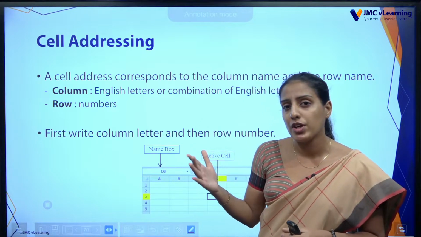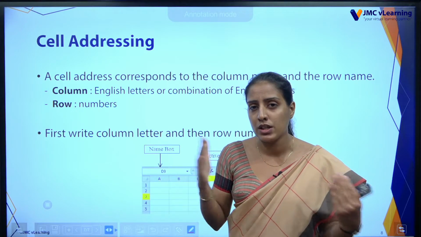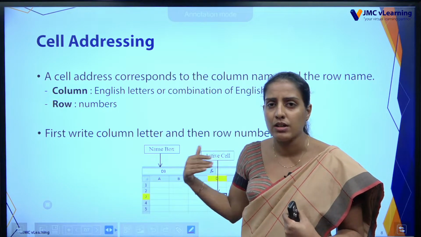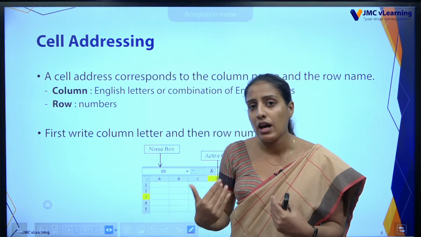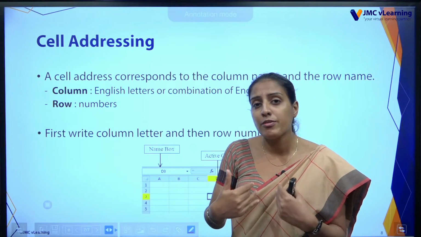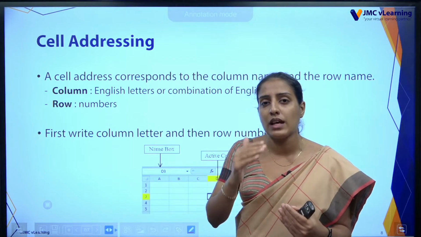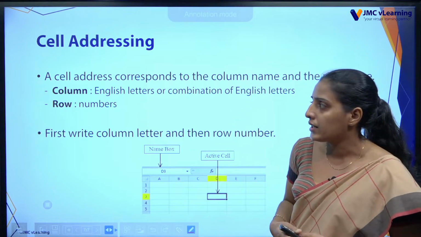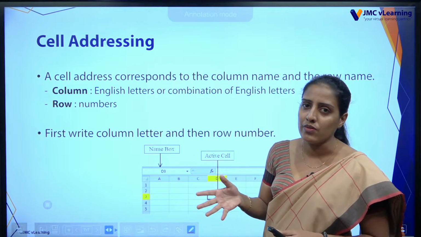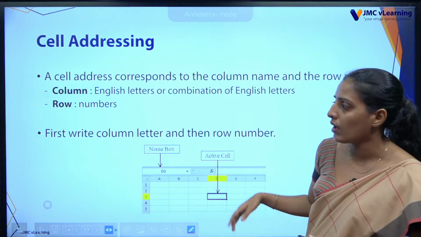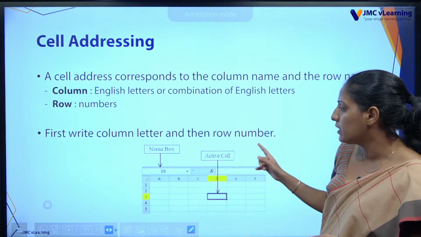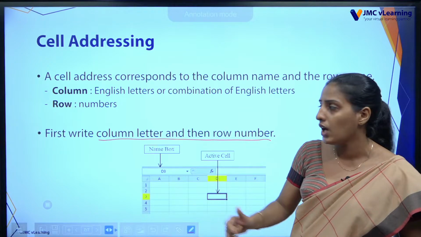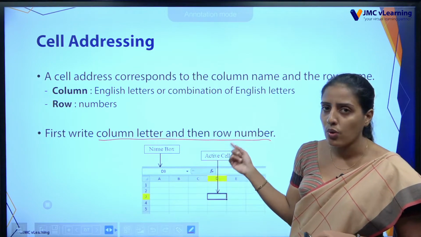That means after Z you can see AA, AB, AC, likewise, and I will show this in the practical later. Now rows are always numbers. First write the column letter, then the row number.